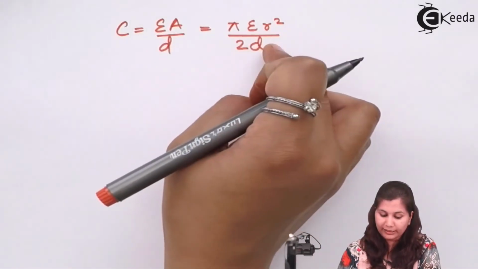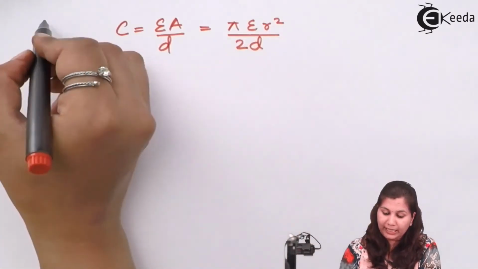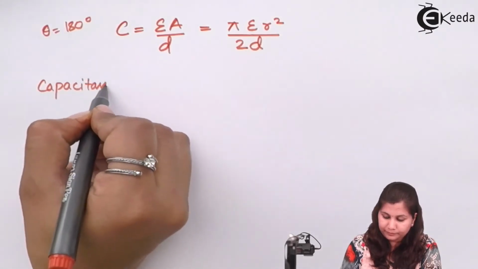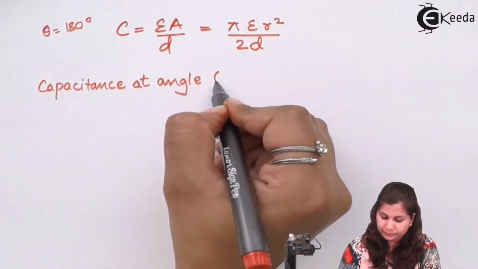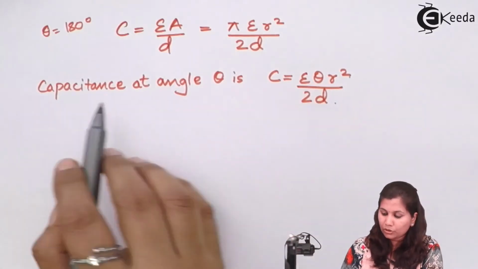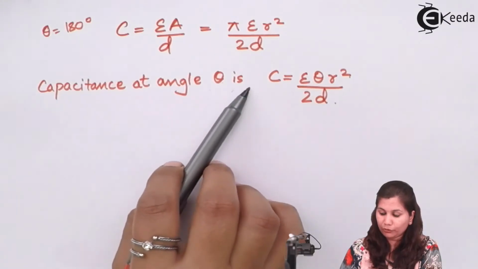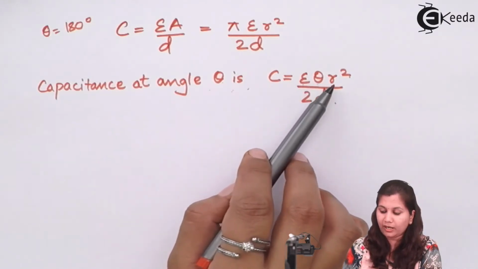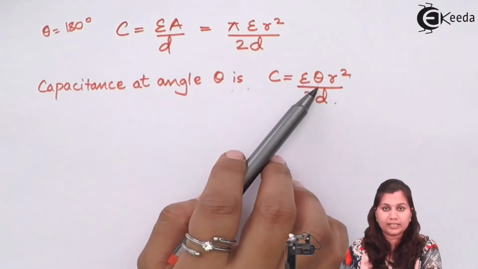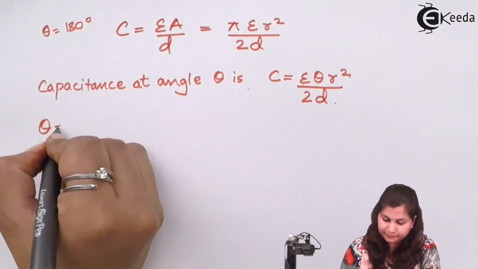So this will be the area when the angle is 180 degrees. So when we want to find out the capacitance at the angle theta, it will be epsilon theta r square by 2d. Instead of pi we are having theta here, and theta is the angular displacement in radians.